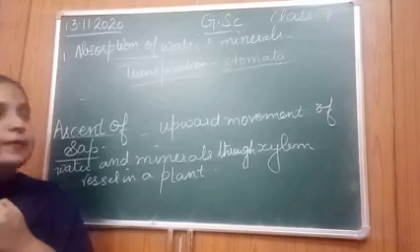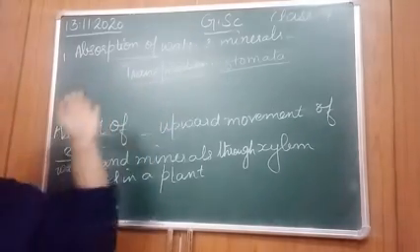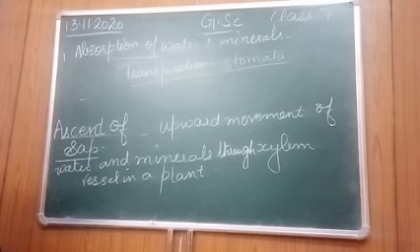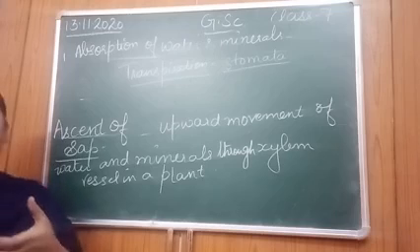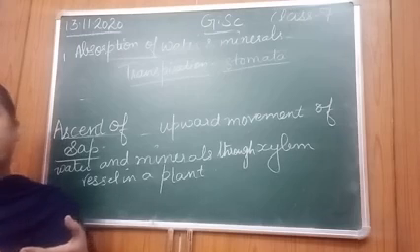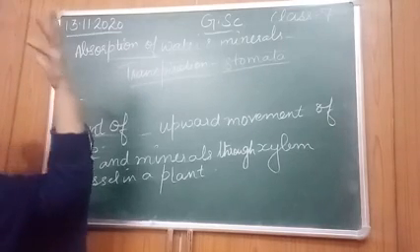Getting my point? What happens is loss of water takes place, transpiration takes place through leaves, through stomata, and due to this evaporation, this loss of water from the leaves, suction pull is produced. This pull pulls the water and minerals from the roots to the whole plant, right?